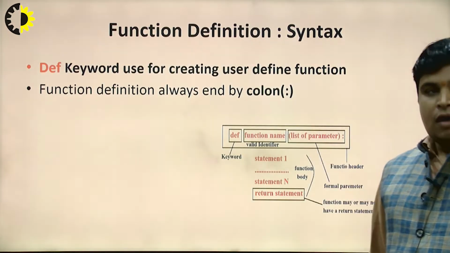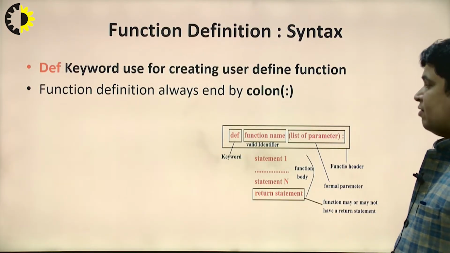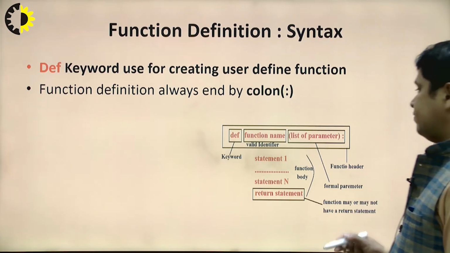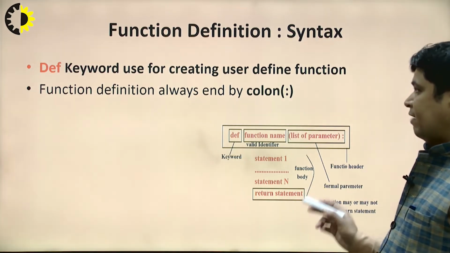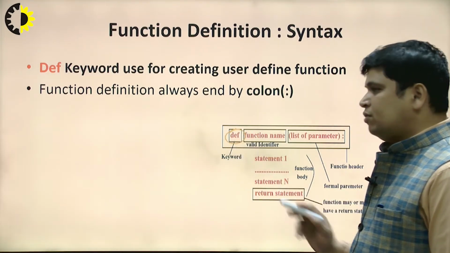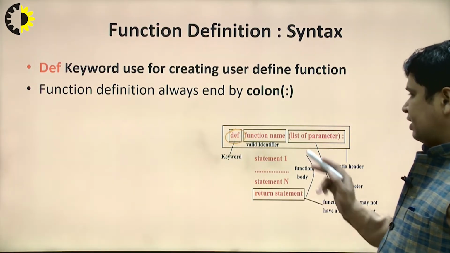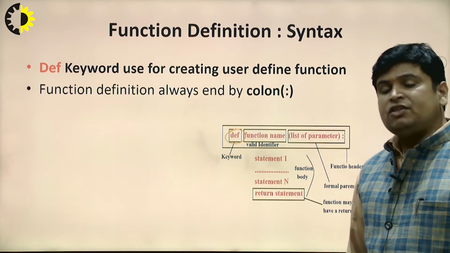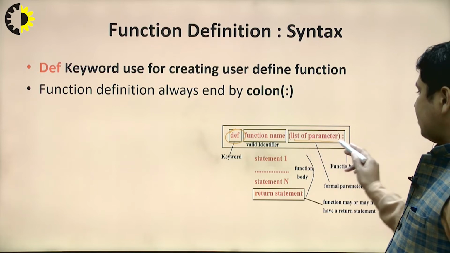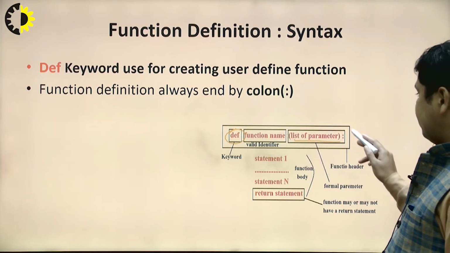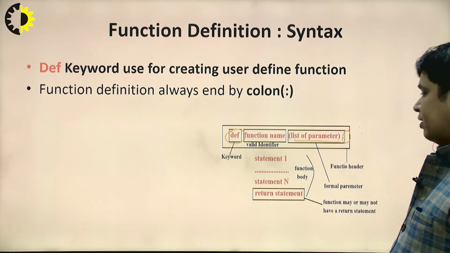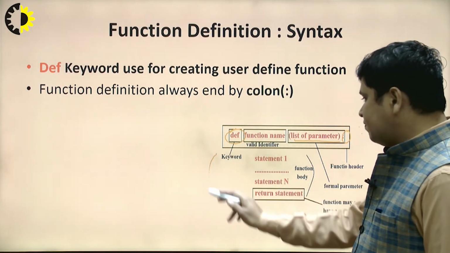Now, this is the syntax of how to define a user defined function. For every user defined function, the def keyword is used to define the function. Second is the function name, which is a valid identifier, and then the list of parameters, which are placeholders. With the help of indentation, after the colon, we define the function body.